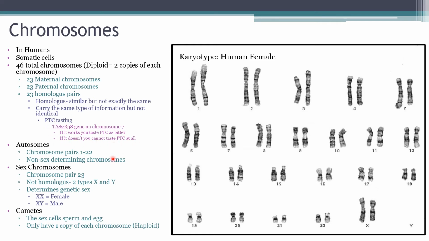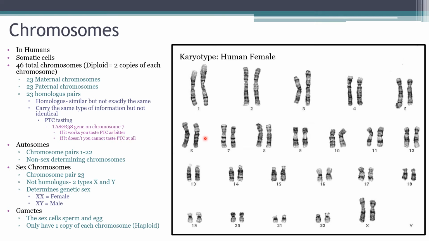In both cases, it's the gene for PTC tasting, but one gene is for tasting and the other is for not tasting. So you can see how, on the same chromosome, you can have the same genes, the same information for, say, PTC tasting, but that information can be different in different parents. Sometimes it could be the same.